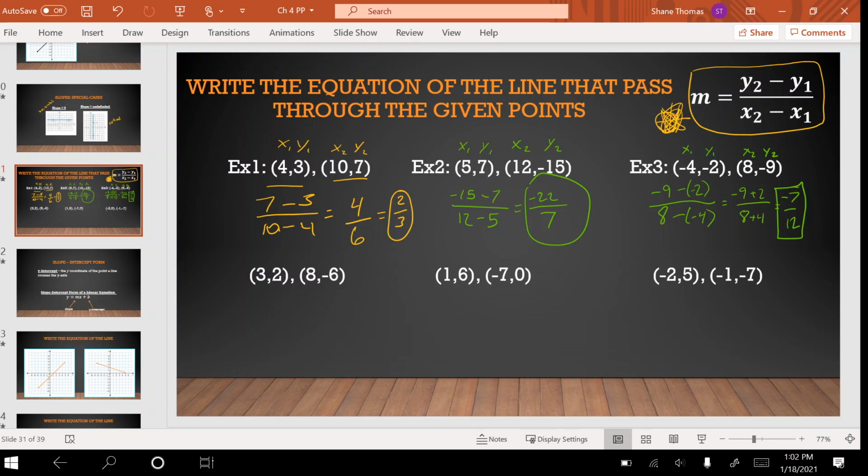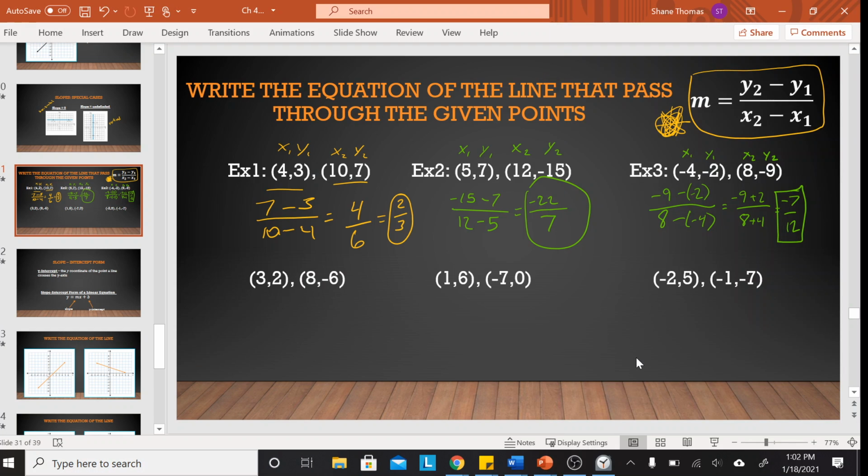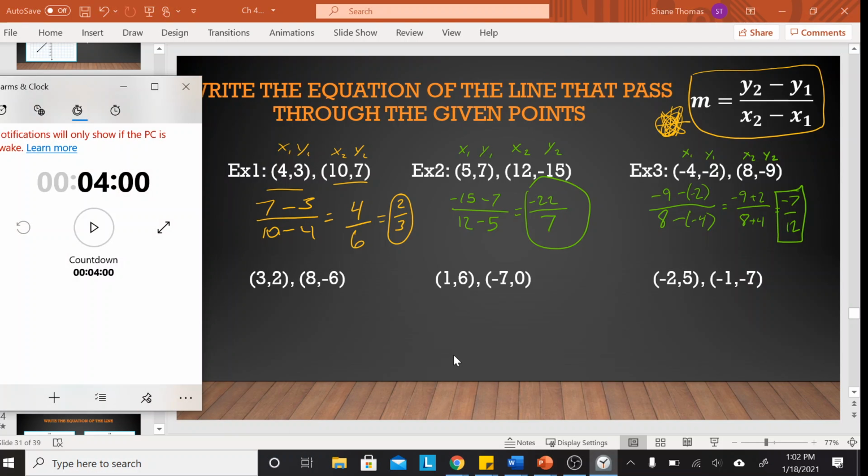Now there's 3 more up on the screen. Very similar to what we did. Okay? Use these 3 above as samples. I'm going to give you 4 minutes. So I want you guys to try these, find the slope of each one, plug them into the formula, and simplify.